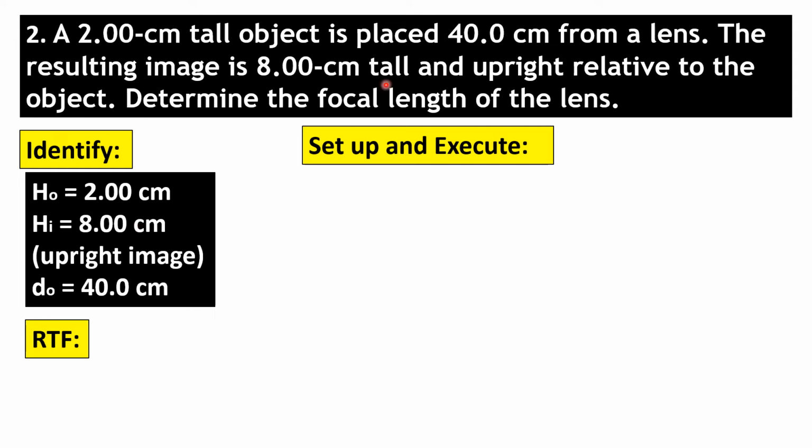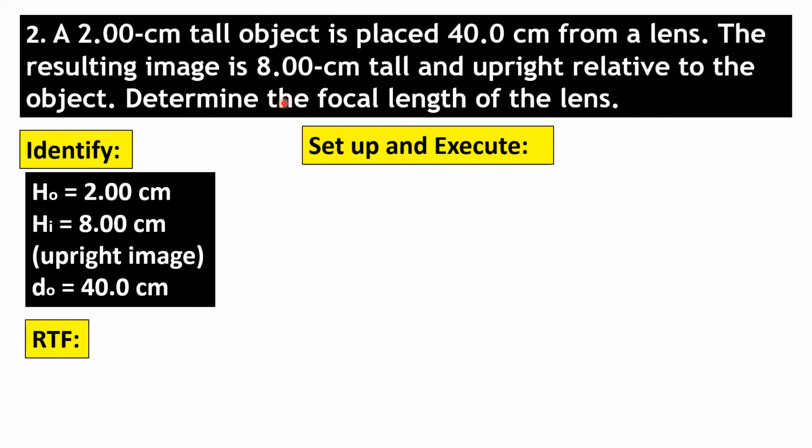Now, it is given here that this image is upright or erect when compared to the actual object. So emphasize that here the image is upright, and we are asked to find the focal length of the lens.